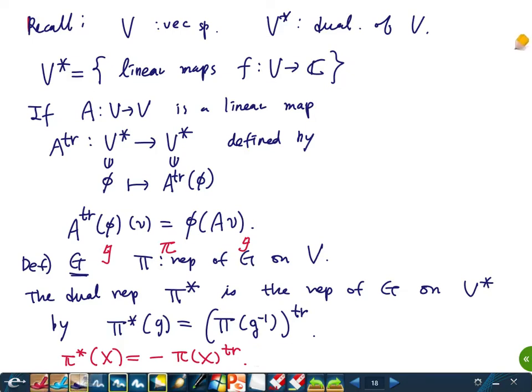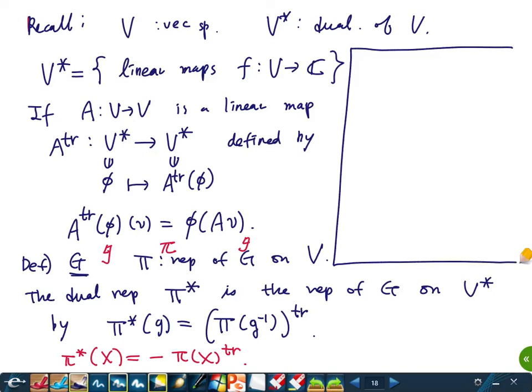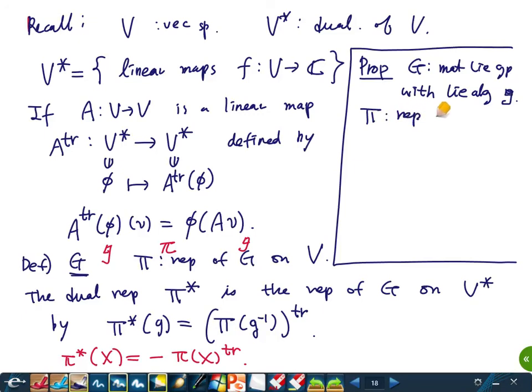All right, so why is this nice? Okay, so G is a matrix Lie group with Lie algebra g. The property is that, so pi is a representation of G, then we have the corresponding representation of the Lie algebra, right?